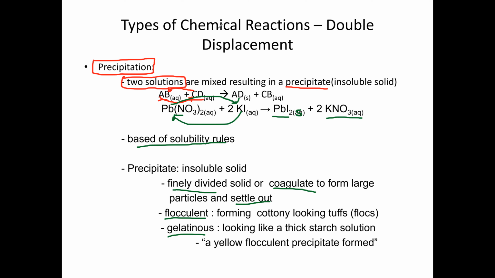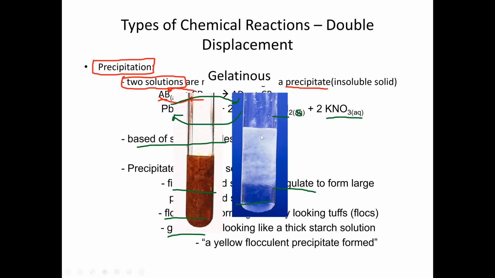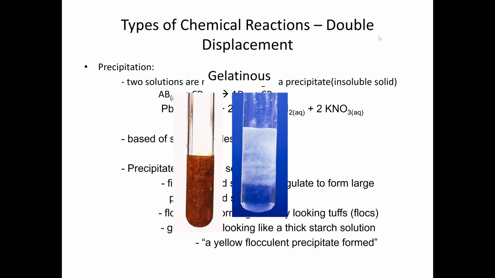And these are some examples of precipitate. So here on the right-hand side, this would be kind of flocculent. It's suspended. It looks kind of fluffy. Here we have a maybe gelatinous looking precipitate.